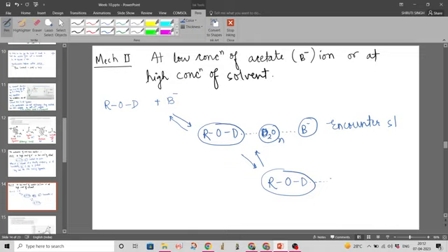The solvent molecule goes in and then the proton transfer happens. So this is the reaction stage.